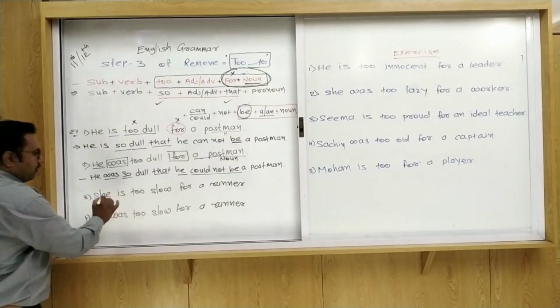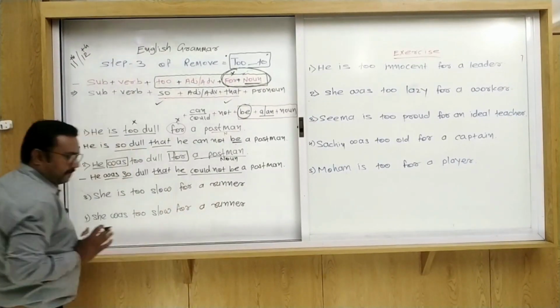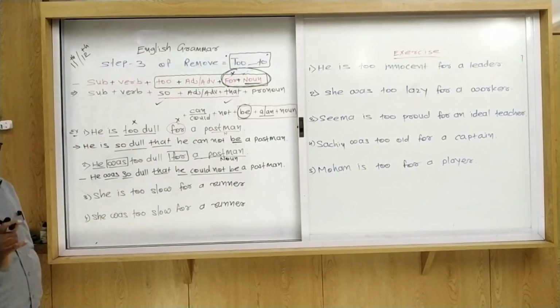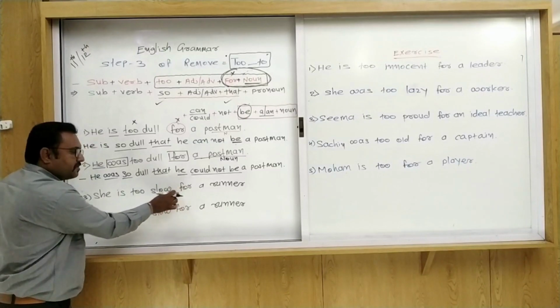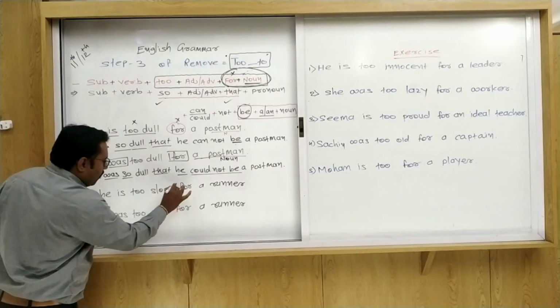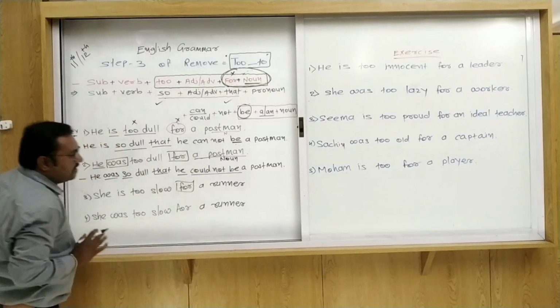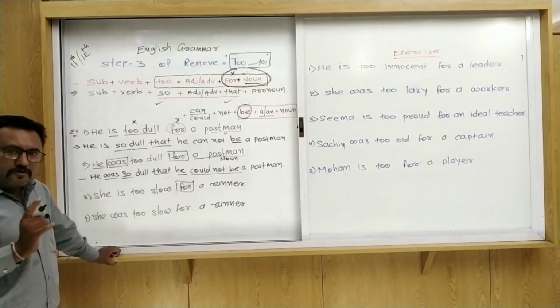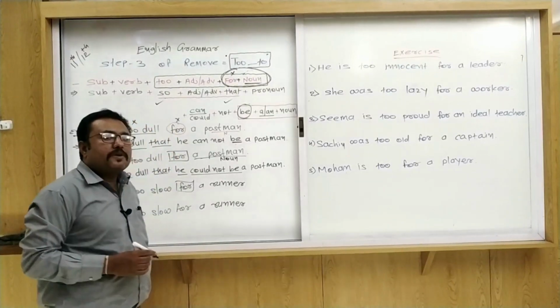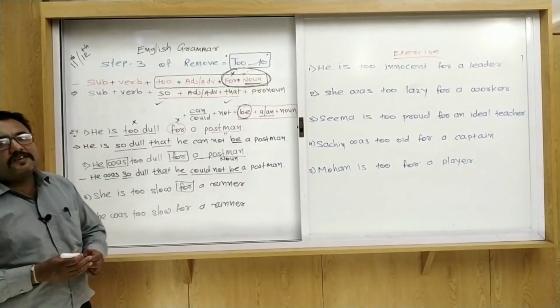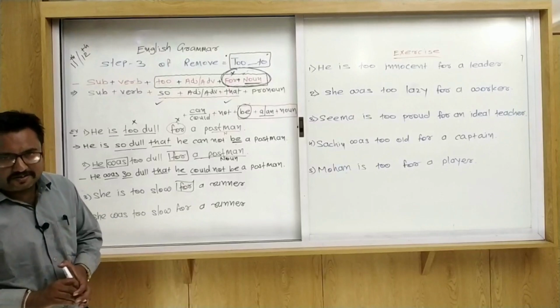She is too slow for a runner. Mind well, please keep in mind that here "to" is not used. For plus noun is used here. So when you try to understand removing too, it is necessary to remember the rules and regulations.